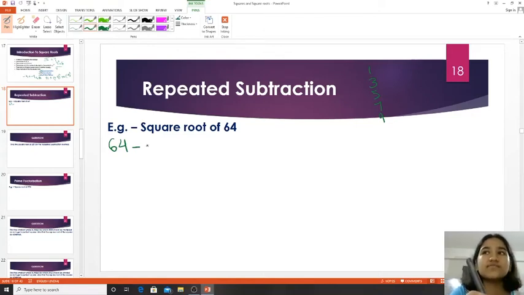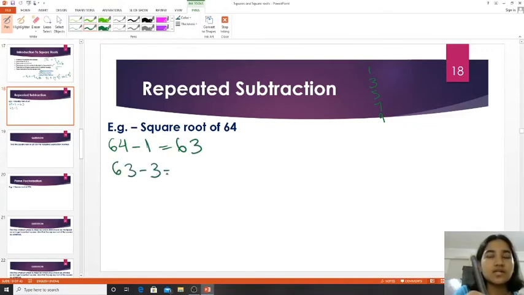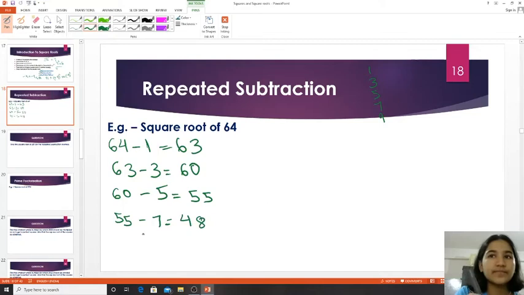For example, 64 minus 1 is equal to 63. 63 minus 3 is equal to 60. 60 minus 5 is equal to 55. 55 minus 7 is equal to 48. 48 minus 9 is equal to 39.